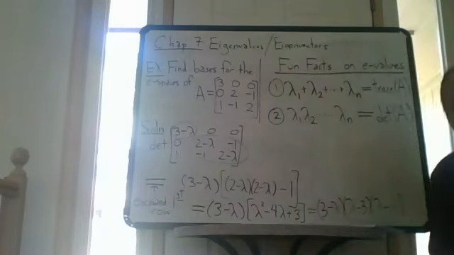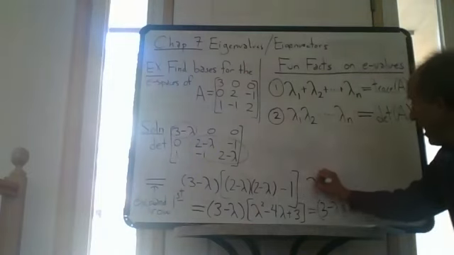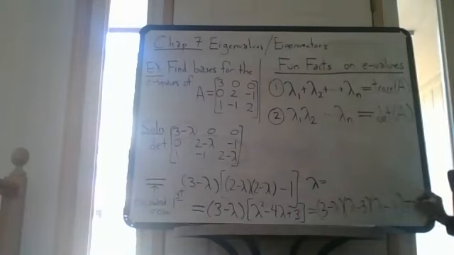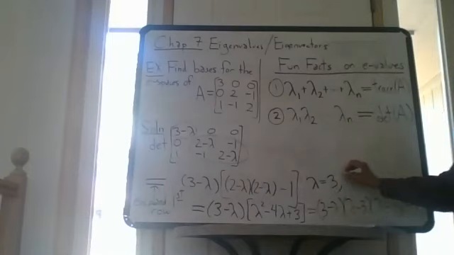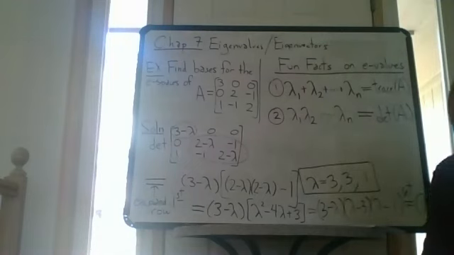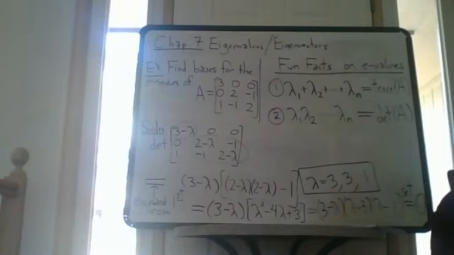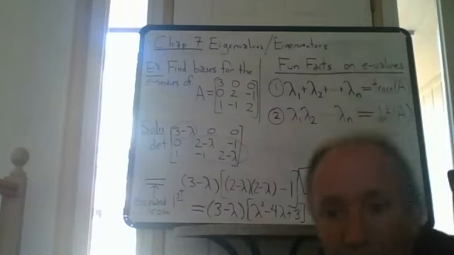Okay? And so what are my lambdas then? Well, again, you're setting this equal to 0 eventually, right? Eventually you're setting your characteristic equation equal to 0. So from this first factor, we get lambda equals 3. From the second factor, we get lambda equals 3. And from the third factor, we get lambda equals 1. Notice that we do get 3 lambdas out of this.